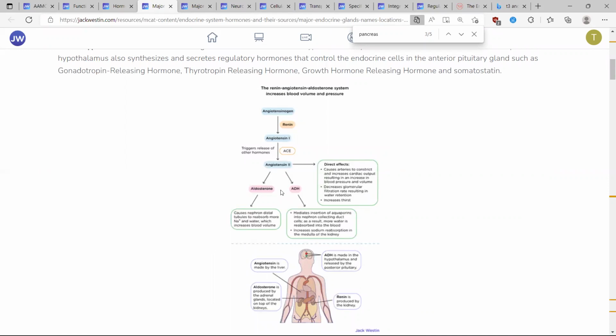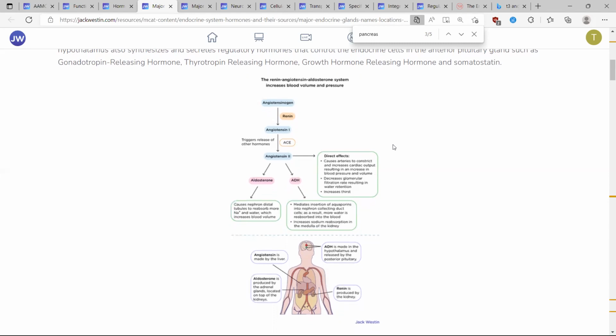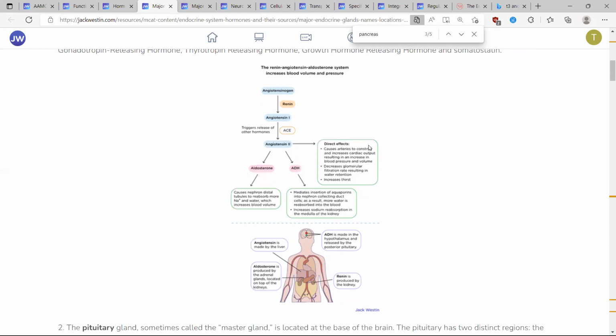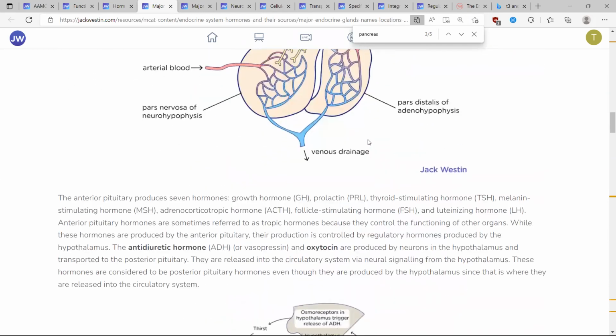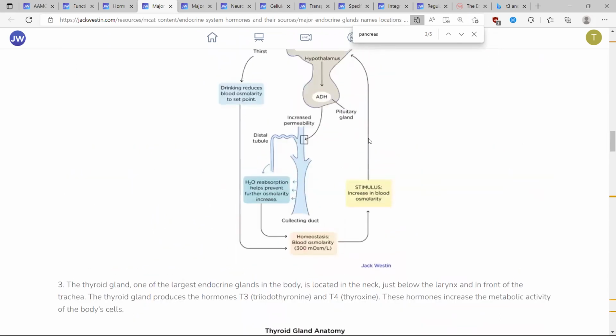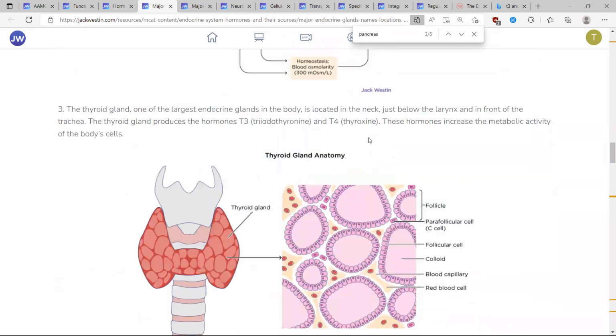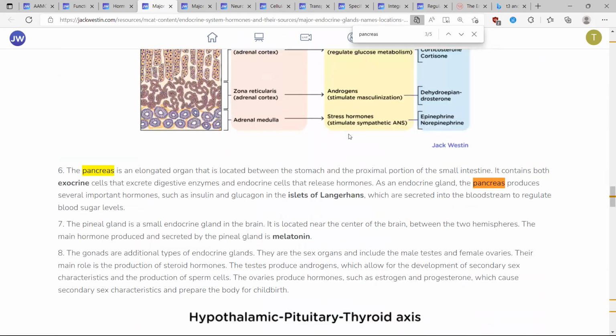Renin-angiotensin-aldosterone system, blood volume, blood pressure. I think we can talk about it. I just need to explain a little bit about how the kidneys work, but not in depth, because that's a whole different section. Okay, let me see how I'm going to talk about this.